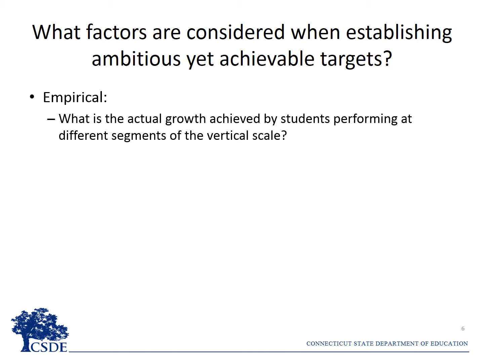This growth was evaluated for students who started at different levels of performance on the vertical scale. Such a segmented analysis is done because we know that students at different levels of achievement on the vertical scale often exhibit different amounts of growth. Therefore, we wanted to ensure that the targets that are established are achievable for all students.